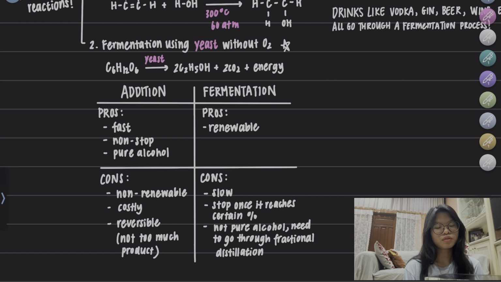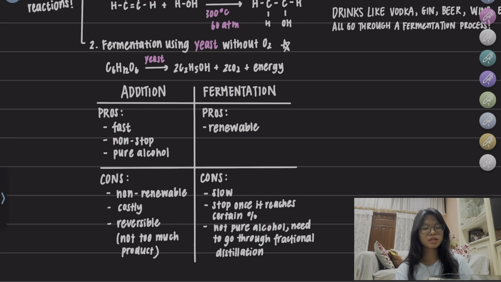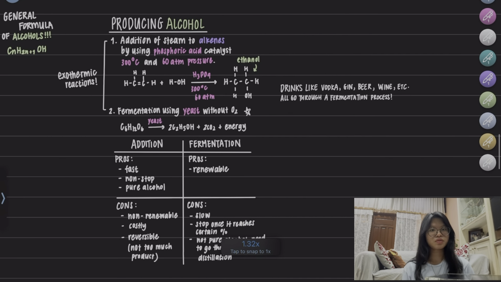So the equation is C6H12O6 and added with yeast, so it becomes 2C2H5OH, which is ethanol, and then plus 2 carbon dioxide plus energy.